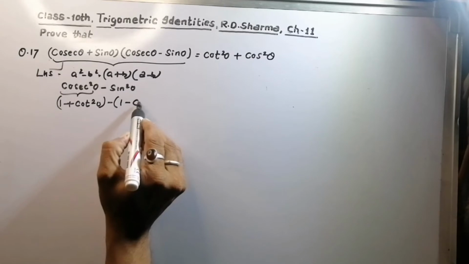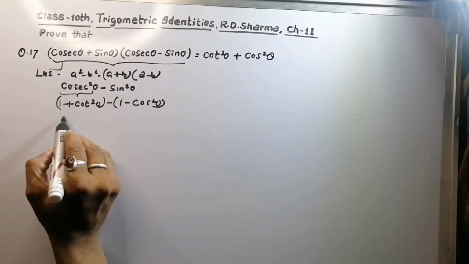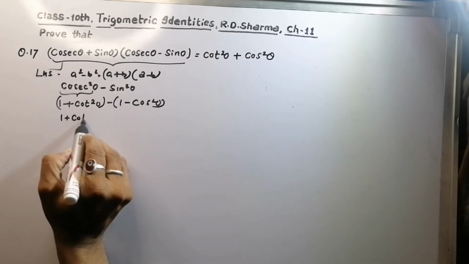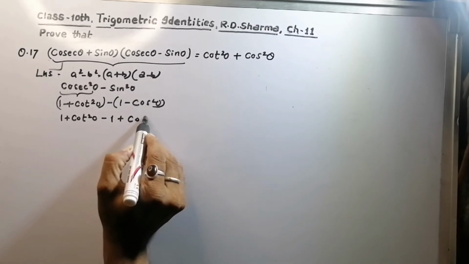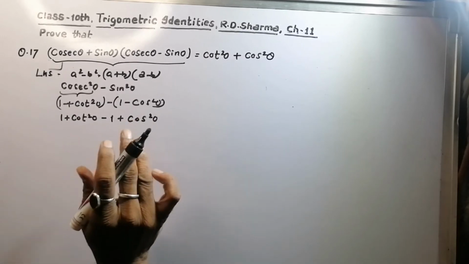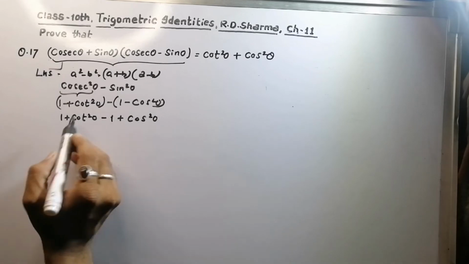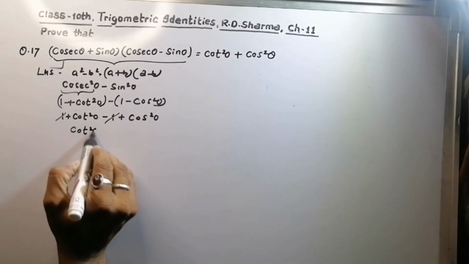So we can write here, in place of cos square theta, 1 plus cot square theta minus 1, and in place of sin square theta we can write 1 minus cos square theta. After opening, 1 plus cot square theta minus 1 plus cos square theta.